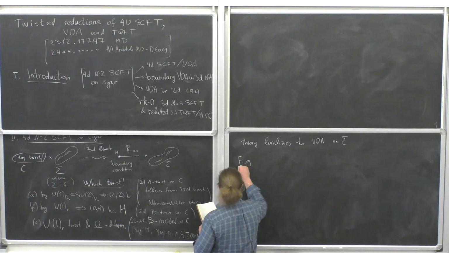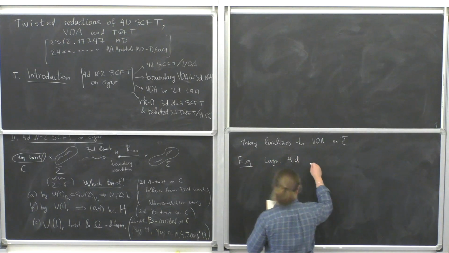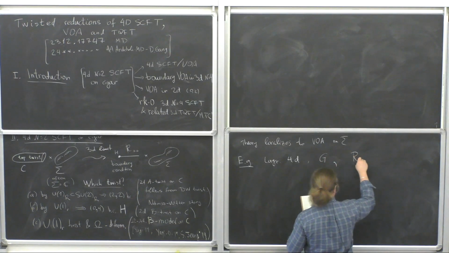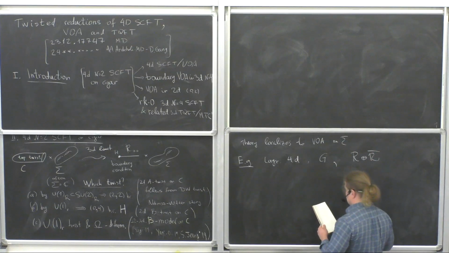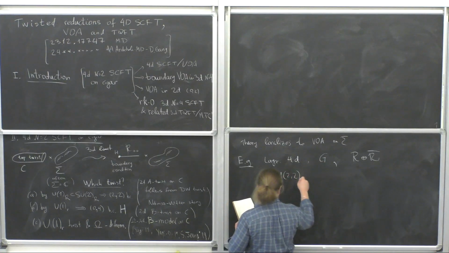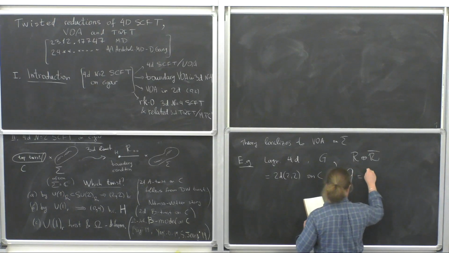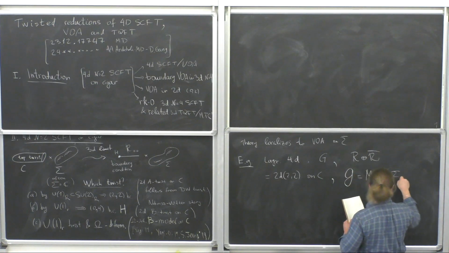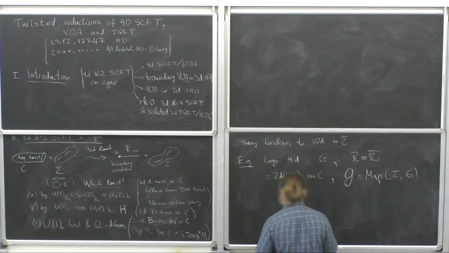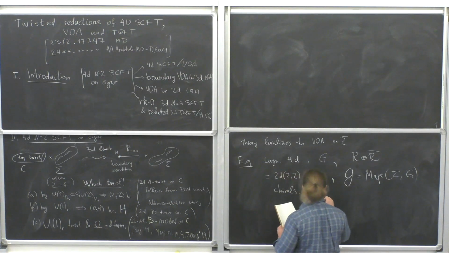For example, this can be made quite explicit in the Lagrangian case. Suppose we have a Lagrangian four-dimensional theory with gauge group G and hypermultiplets in representation R plus R-bar, as usual. Then this theory can be formulated as a 2D (2,2) theory on C with infinitely many fields, where the gauge group is maps from sigma to G, and we have a pair of chiral multiplets, let's call them gamma and beta.